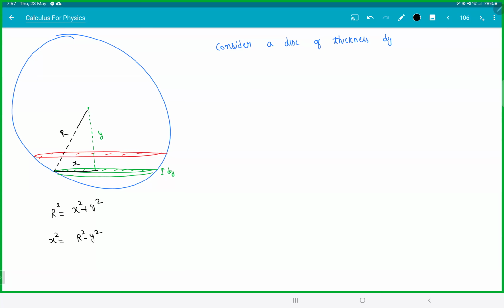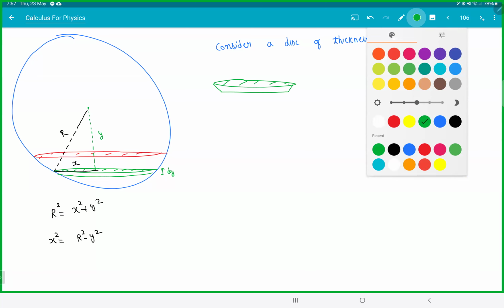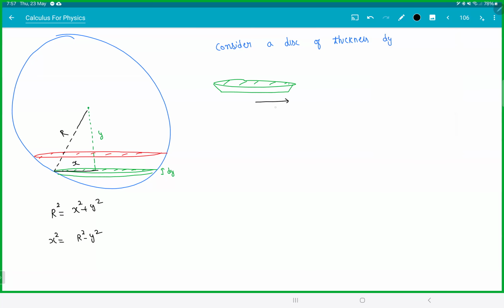Now if you take out the disk, isn't this how the disk looks? Where this is the radius x and this is the thickness dy. Can you see something? Doesn't this look like a small cylinder of radius r and height h?